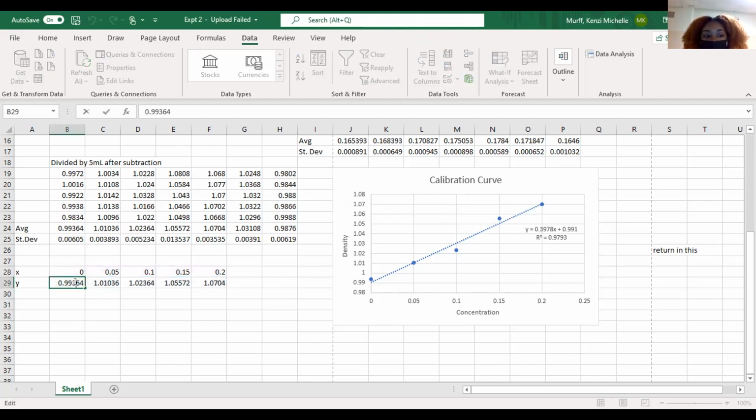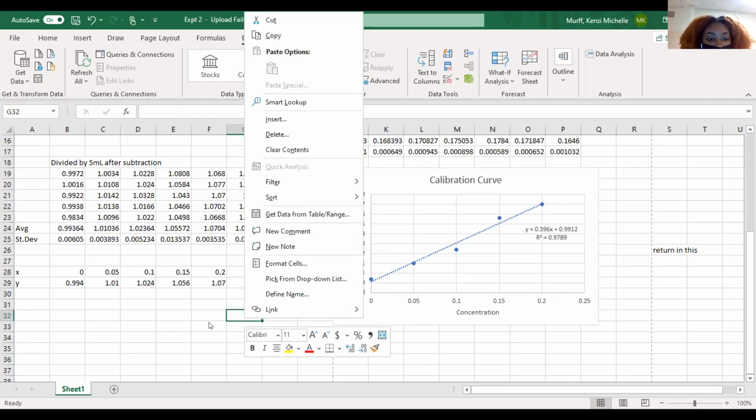To 3 sig figs. That second one, or that third one, and that fourth one both have 4.